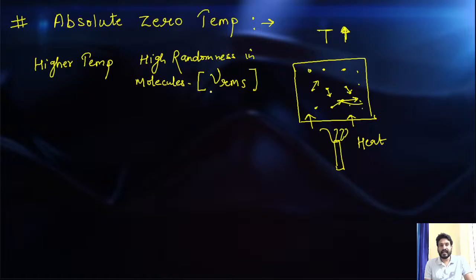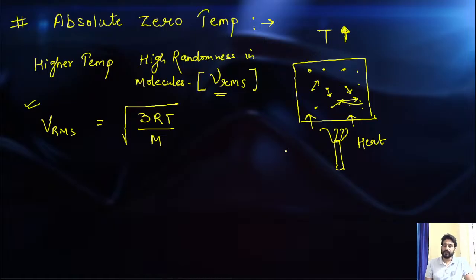So if we connect this velocity, the root mean square velocity, with the temperature, then the formula is VRMS equal to under root 3RT by M. This is the actual formula. So at a particular temperature, we can calculate the root mean square velocity.